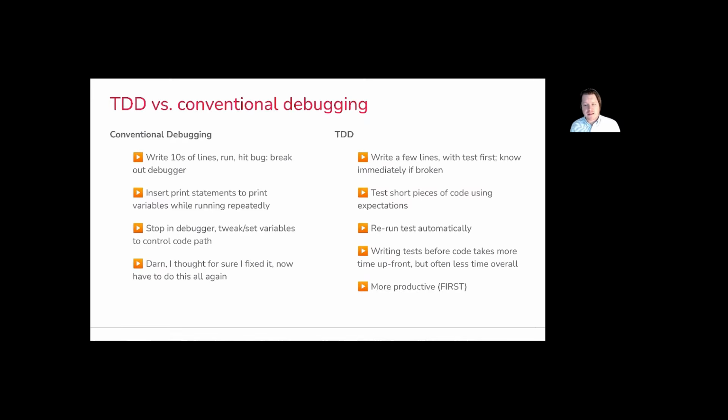We can test short pieces of code against our expectations. They'll turn green if they meet them, red otherwise. We have the ability to rerun these tests automatically. So we can easily go jump over, modify our code to hopefully resolve any sort of bugs or failing test cases. And then we just compile the test suite and run it.